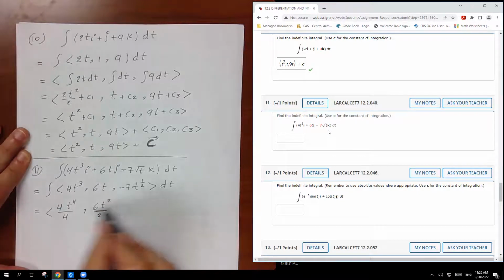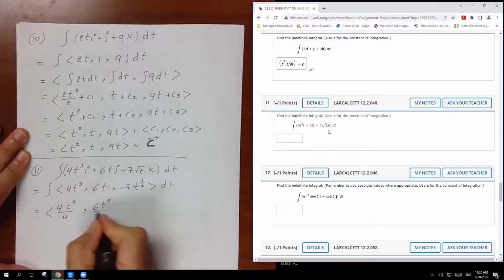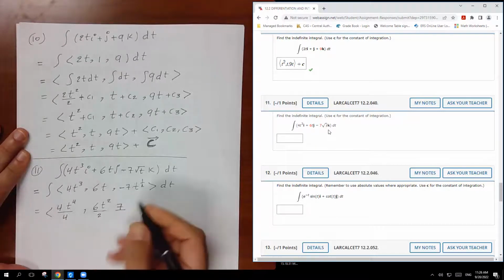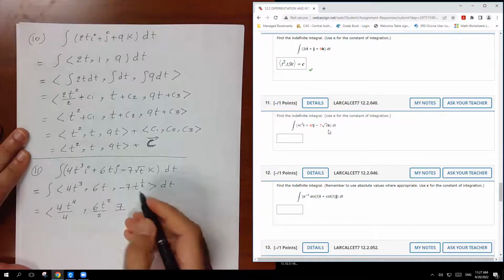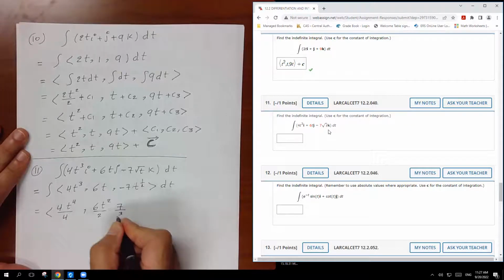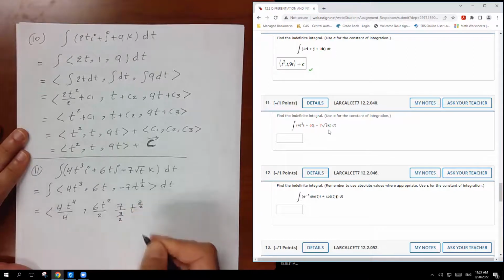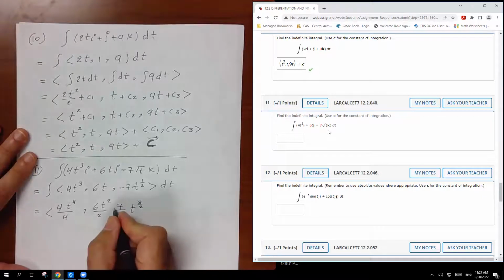And for the third part, it's going to be 7 over 3 over 2, because you add 1 to get 3 over 2, t to the 3 over 2. It's minus 7.